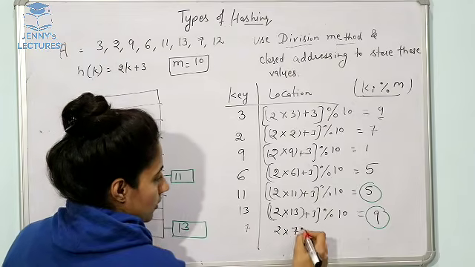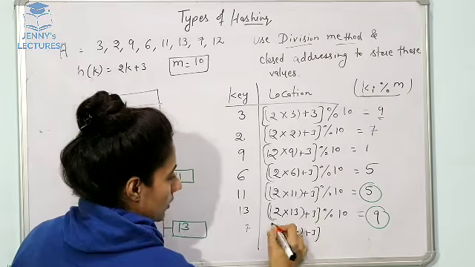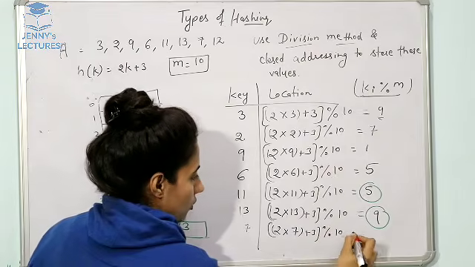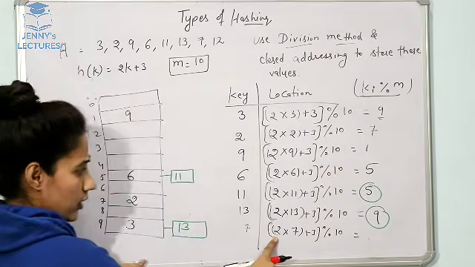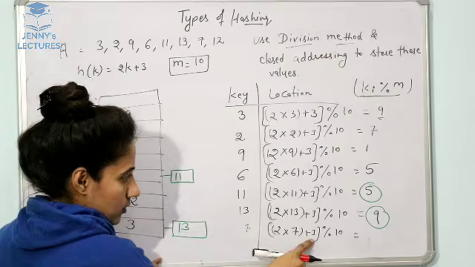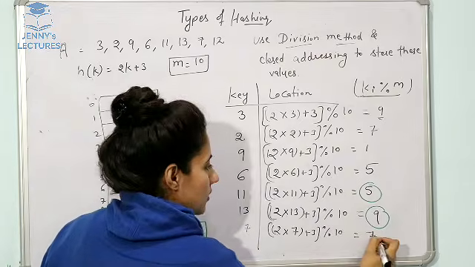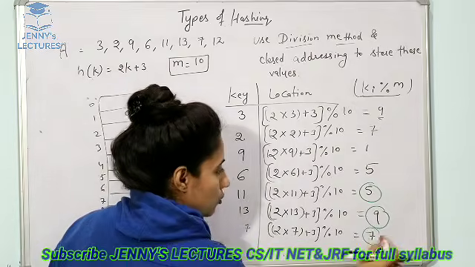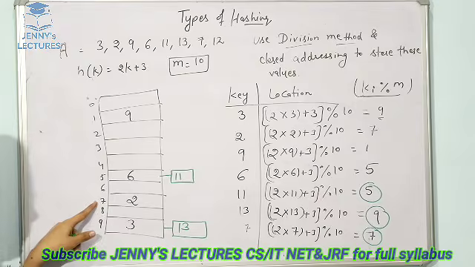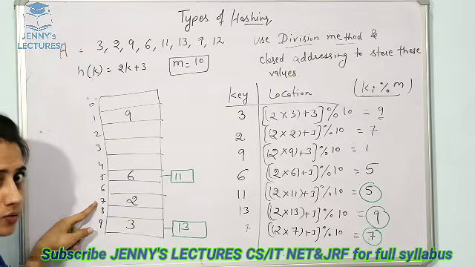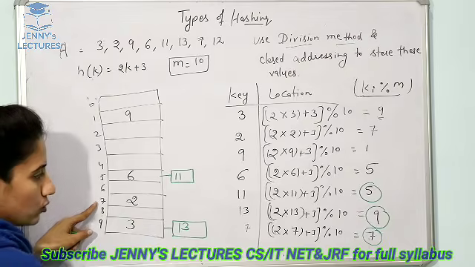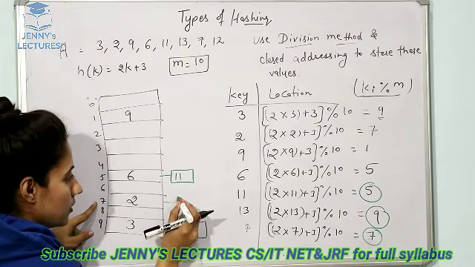Now next is 7. 2 into 7 plus 3 mod 10. What is the value? 14. 14 plus 3 is 17. 17 mod 10 is 7. Here also you will have collision. Go to the 7th place, but here we already have 2 stored. We cannot store the 7. What is the method? Chaining method.